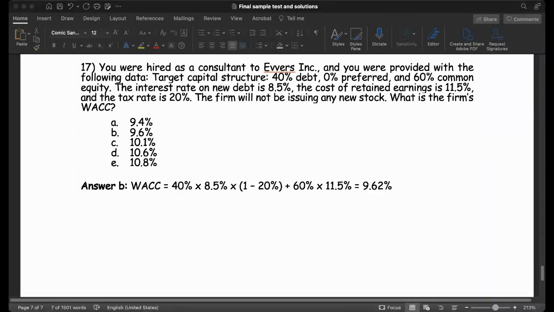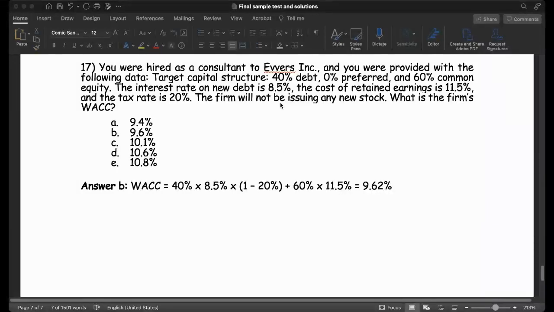You need to multiply by RD, cost of debt, and then multiply by 1 minus T, 1 minus tax rate. Plus, the second item should be weight for preferred stock multiplied by RP, return for preferred stock, plus WC, which is weight for common equity multiplied by RS, cost of common equity.